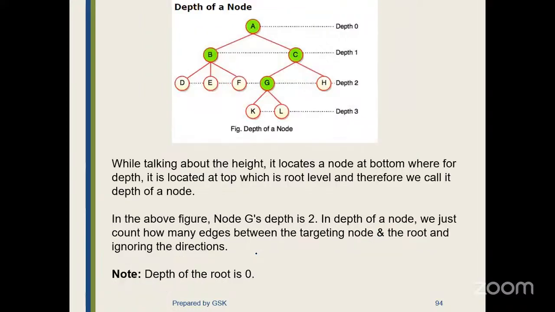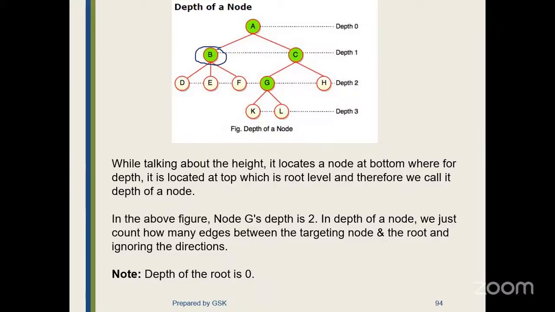Next term is depth. What is depth? Unlike height, which locates a node from the bottom, depth is measured from the top, which is the root level, and therefore we call it the depth of a node. For example, take node B. What is the depth of B?